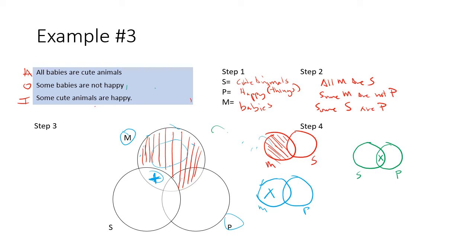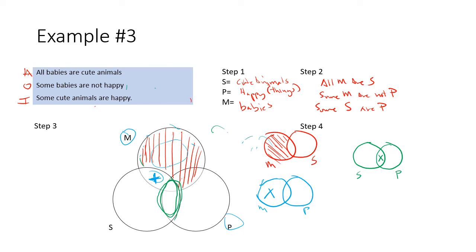So if you look back over here in our 3-circle diagram, where we would need the X would be here in that middle football shape, right? That's where the conclusion says there should be an X, but there isn't an X there. There is an X, it's just not in the right place.